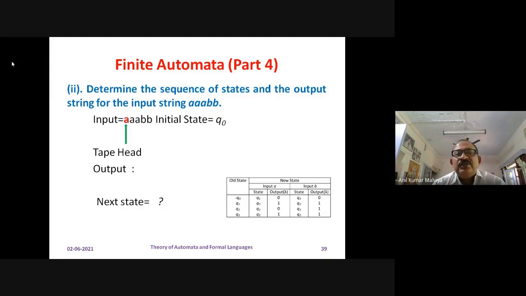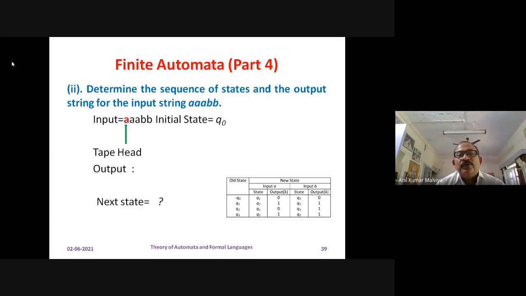Initial state is Q0, and tape head, as I have already told you in the previous lectures, always points at the start to the first symbol of the input string. So here you can see in the picture the tape head points to A and initial state Q0. Means machine in state Q0 and input is A.